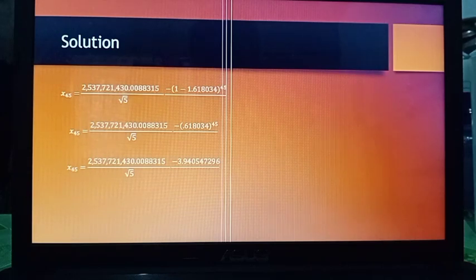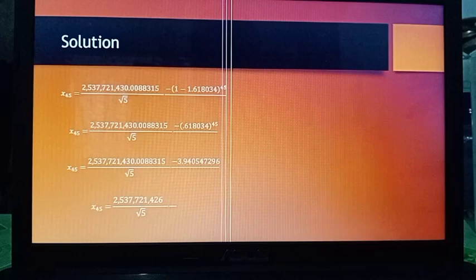Here, just copy the first number, 2,537,721,430.0088315. How did we come up with 3.940547296? We just raised 0.618034 to the 45th power. So the answer for that is 3.940547296, divided by the square root of 5.